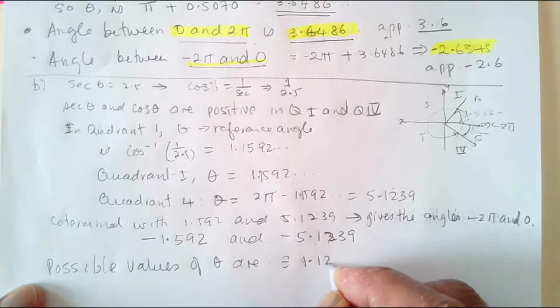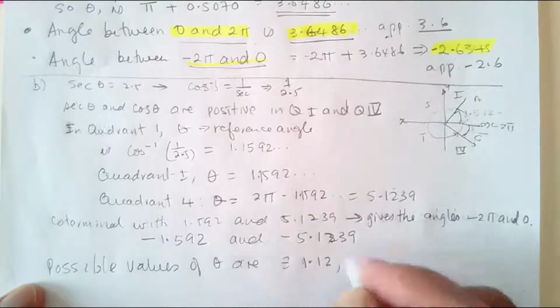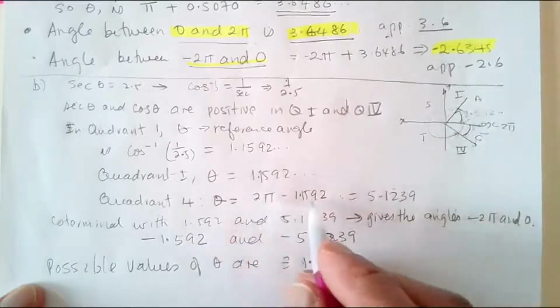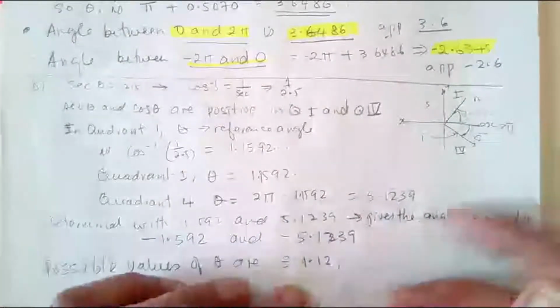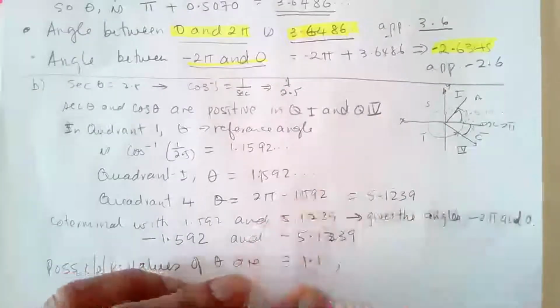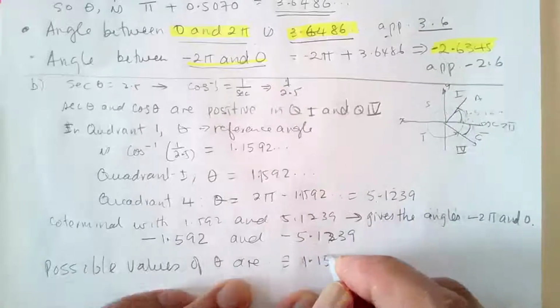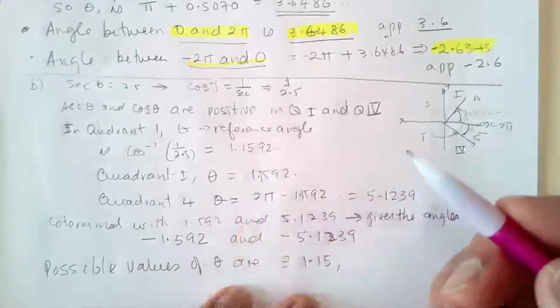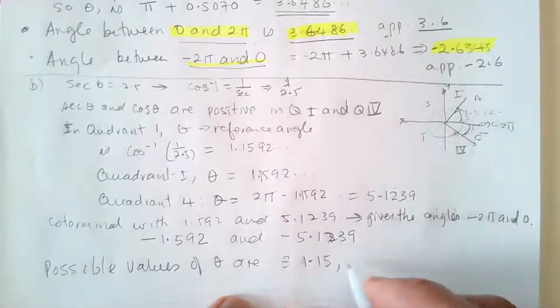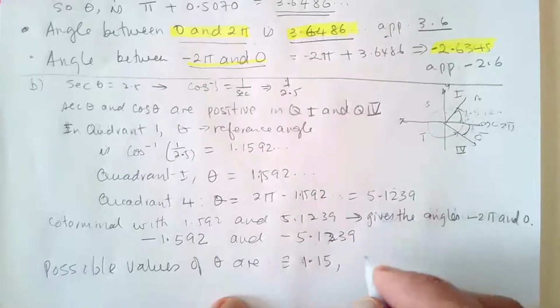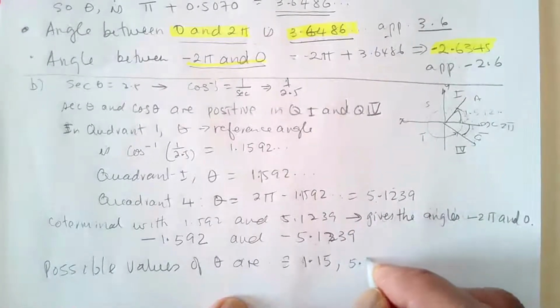So they are approximately 1.15. Then next would be 5.12.